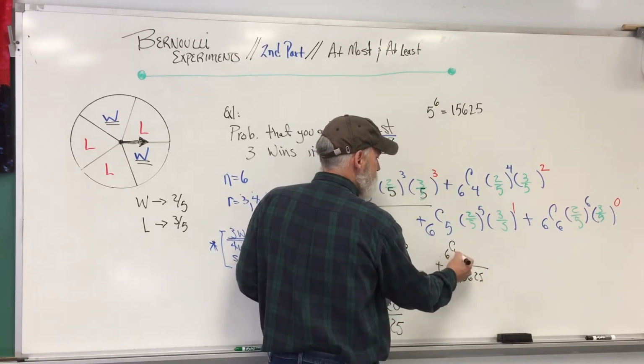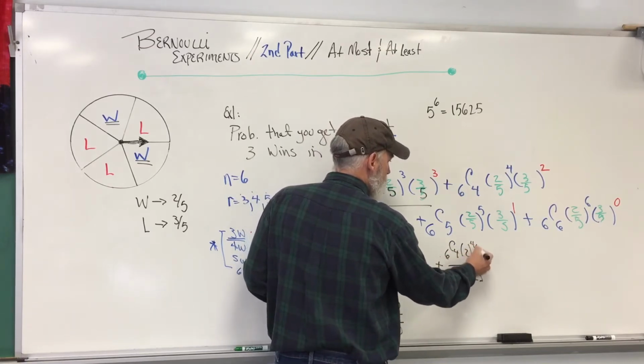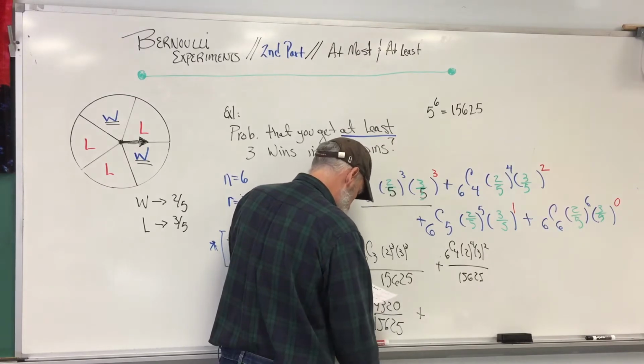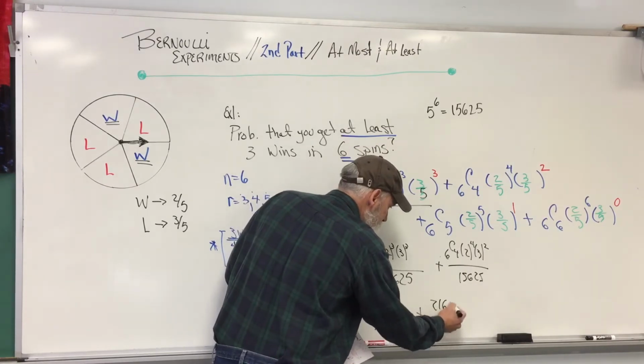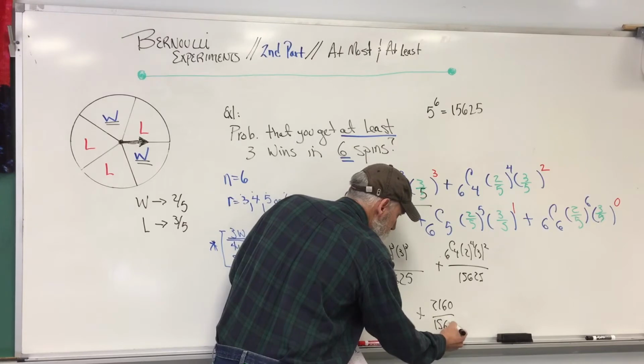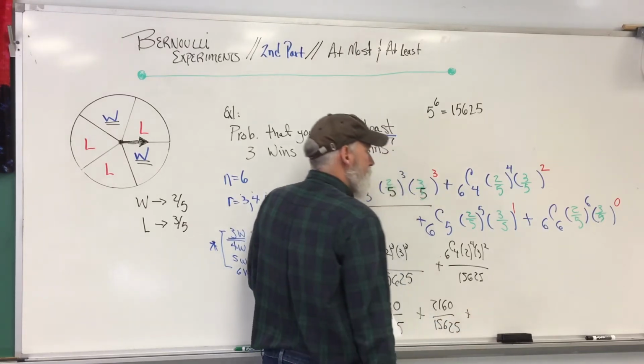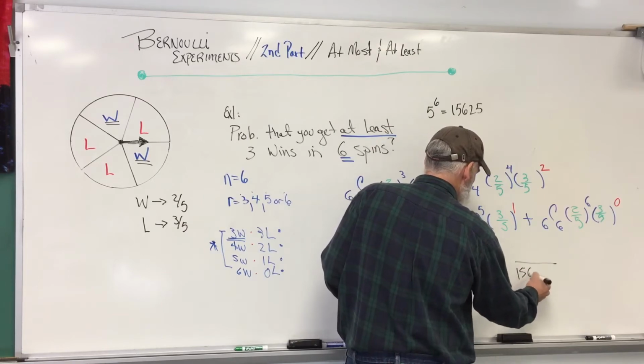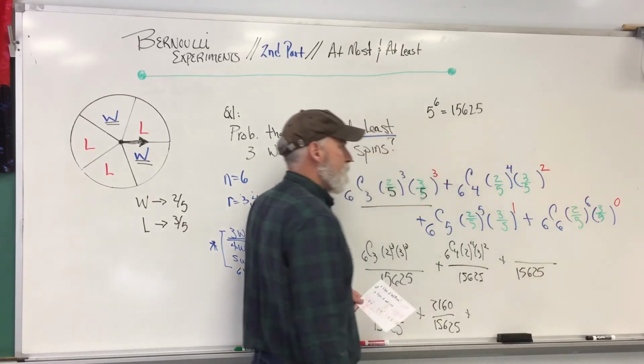The top is 6C4, 2 to the fourth, 3 squared. And when you type that in, you get 2160 over 15625. The next one will be over 15625. And that's always going to be consistent.